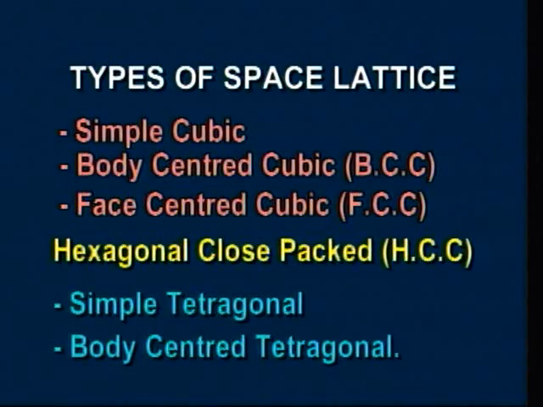One is simple cubic, the second is body centered cubic, which is denoted as BCC, and the third is face centered cubic, that is FCC, and another is the hexagonal close packed lattice, and another one is simple tetragonal, and the next is body centered tetragonal.